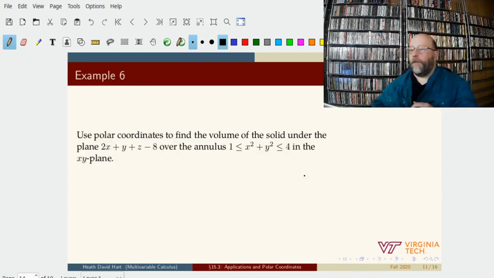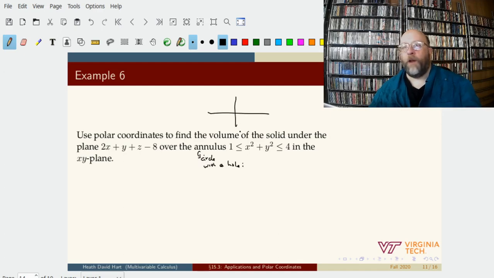So let's give an example here. We want to find the volume of the solid under this plane over the annulus. An annulus is a circle with a hole in it. And if we graph this, you'll see what I mean by this.